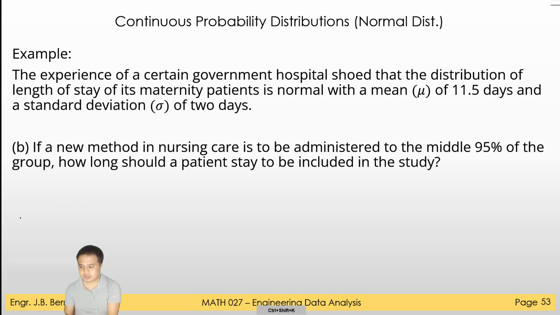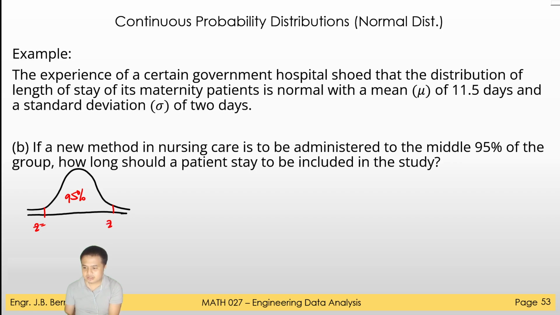So basically 95% is your area. If this is your area, let's say this is 95%, then you have a z-score here that is symmetric. So this is just the negative portion and this is the positive portion. Now, how do we find this 95%?